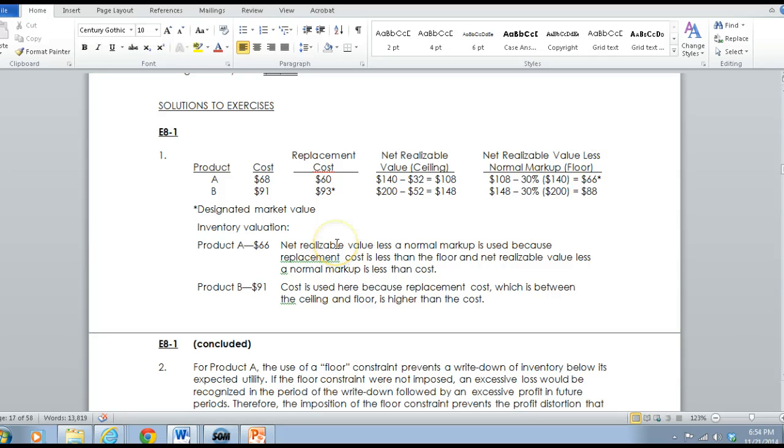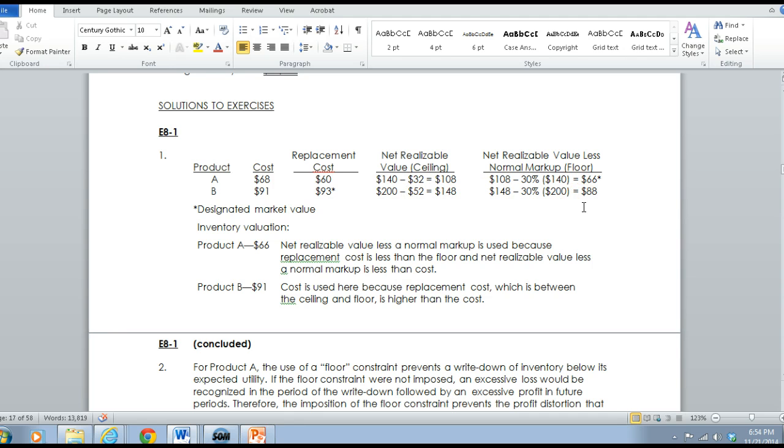Product B, we've got our cost of 91, our replacement cost of 93, we've got the net realizable value of 148, and then our floor is at 88. Now in this case, we're going to keep our same cost because the replacement cost is between the ceiling and the floor.